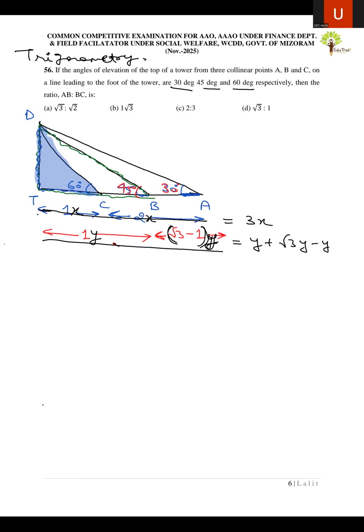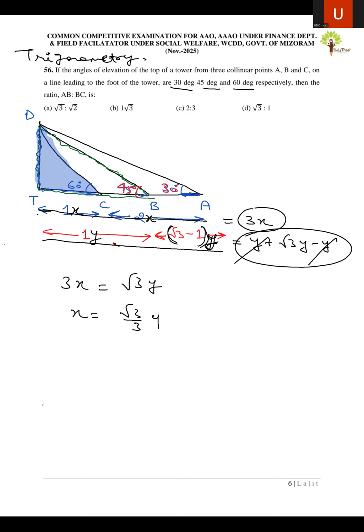So these two values are equal. So 3x equals root 3y, or x equals root 3 upon 3y, or x equals 1 by root 3y. All right.